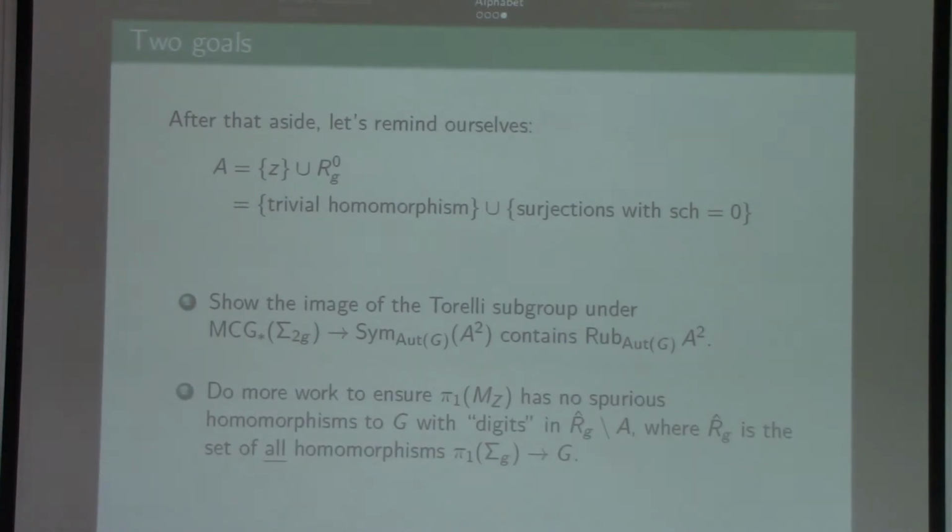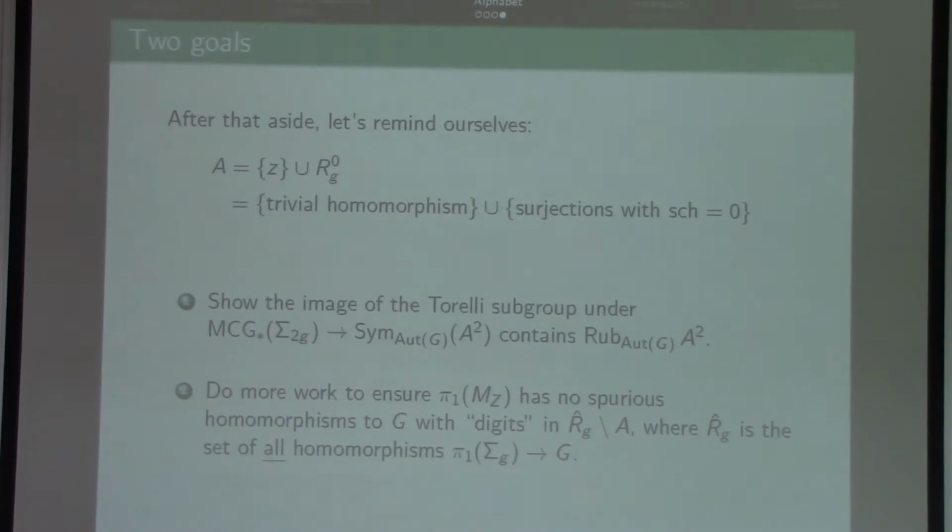Now, in some sense, the hard part for us, and the reason everything's contrived the way it is, is that we want to make sure we don't get spurious homomorphisms. And this was something that came up in Arnaud's talk: the easy part of his reduction was showing that if the formula is satisfiable, then there's an embedding of the thing. The hard part was showing that if there's an embedding, then it's satisfiable.